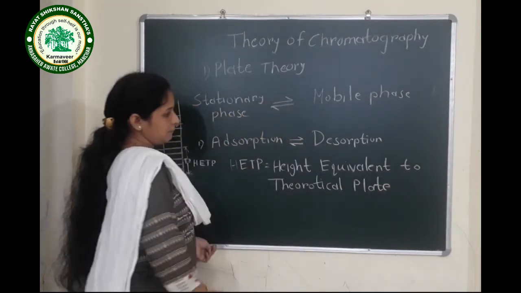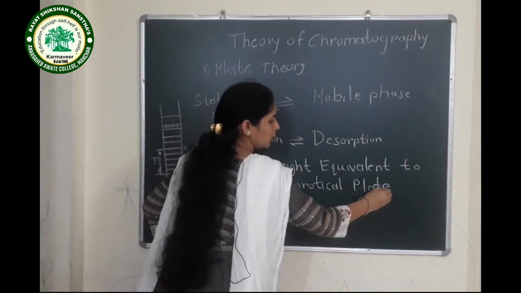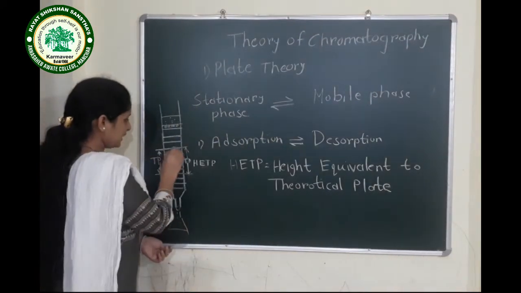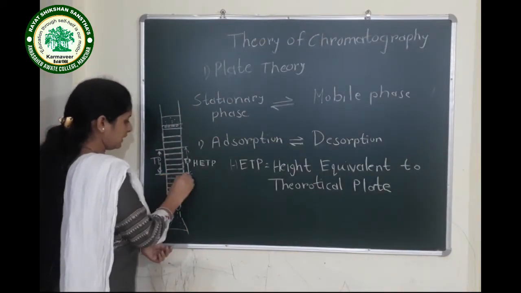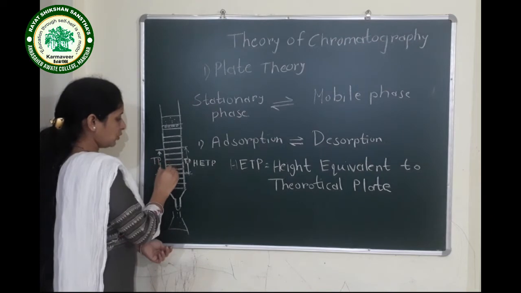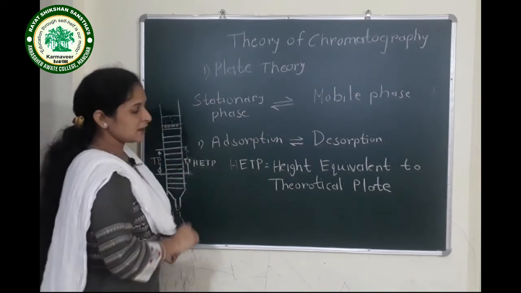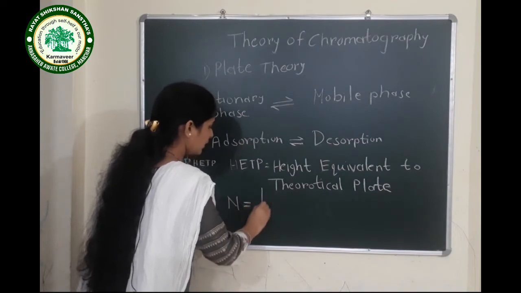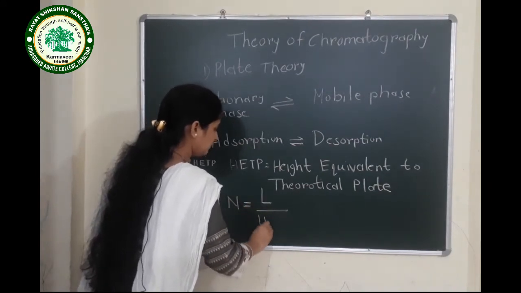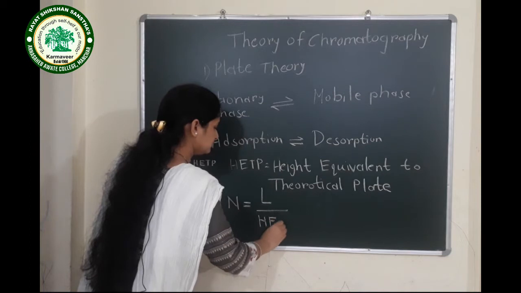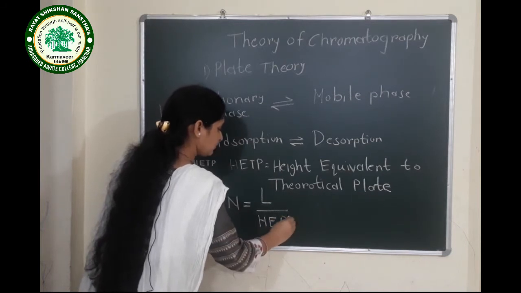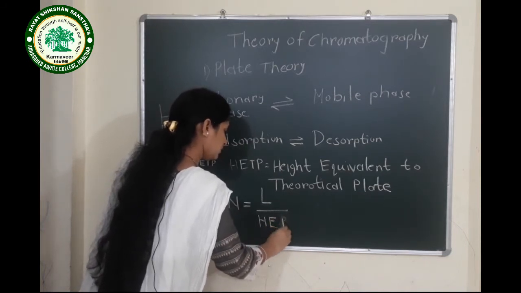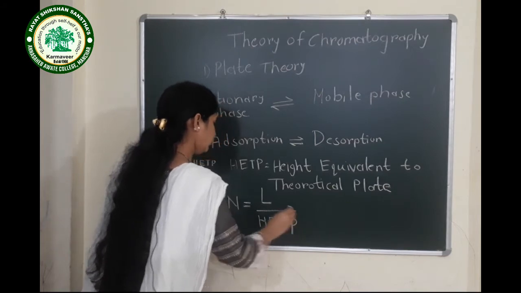Now this HETP is related to the number of plates. In this length of the theoretical plate there exists a number of plates. Now this HETP is related by the equation N is equal to L upon HETP. What is N?